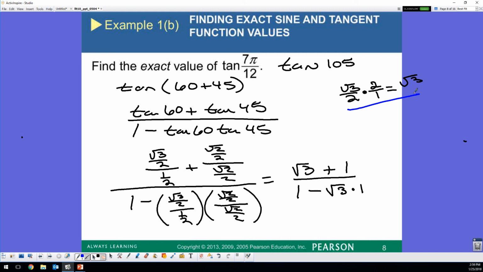So now on my denominator, 1 minus, I have this, which we already said is rad 3, so I replace that with rad 3, times 1, which came from there. 1 times anything just gives itself, right? So 1 times 5 would just give me 5, and 1 times rad 3 just gives me rad 3.